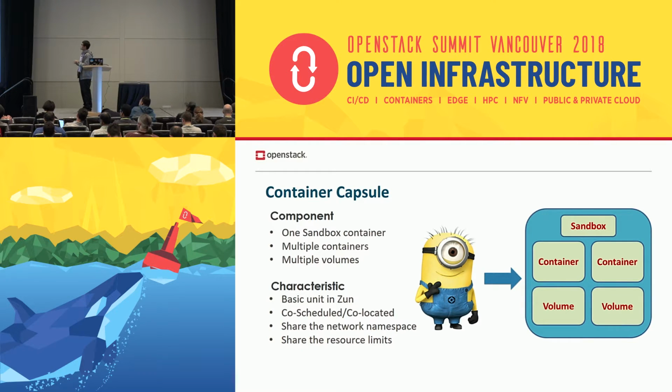Also, since the whole capsule is a basic unit, the containers will join the network namespace, the IPC and PID of the sandbox container. So they will share the same IP address and the same network namespace.